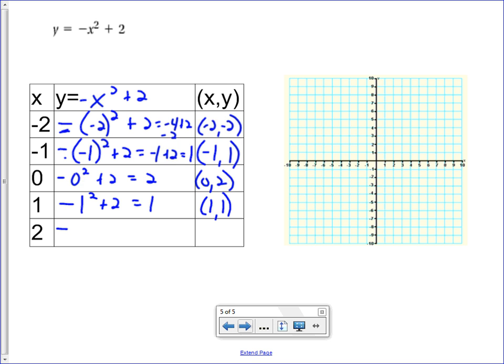If I have a 2, I have a 2 squared, which is 4, so I got a negative 4 plus 2 gives me a negative 2. So I'd have a 2, negative 2. If I graph that one, a negative 2, negative 2, a negative 1, 1, a 0, 2.